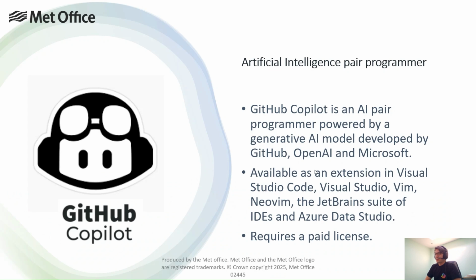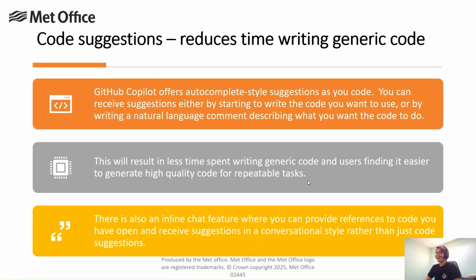And what that means is that it's an extension to your code environment, such as VS Code or one of the JetBrains editors. It does require a paid license that may be provided by your organization, or you can also buy a personal license. Under the hood, this is powered by similar code that you might see running in ChatGPT.